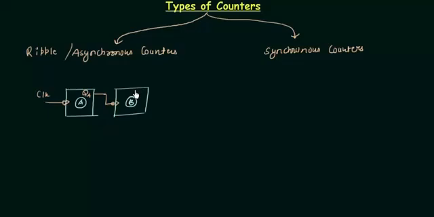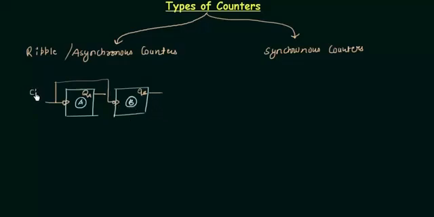Now we will see what we have to do in case of the synchronous counters. All the flip-flops receive the external clock pulse simultaneously. So this is the difference between the synchronous and asynchronous counters. In this case you can see the clock is not given simultaneously to both of these flip-flops, but in case of synchronous counters the clock is given simultaneously. This is QA, let's say, and this is QB, and the clock is given simultaneously to both of these flip-flops.